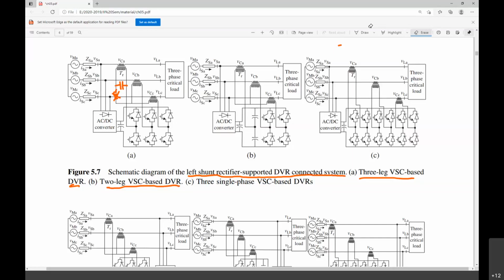One more thing, if you look at this particular point of this capacitor, we have two capacitors over here, right?